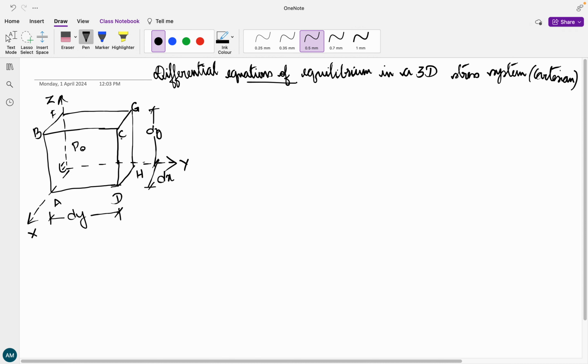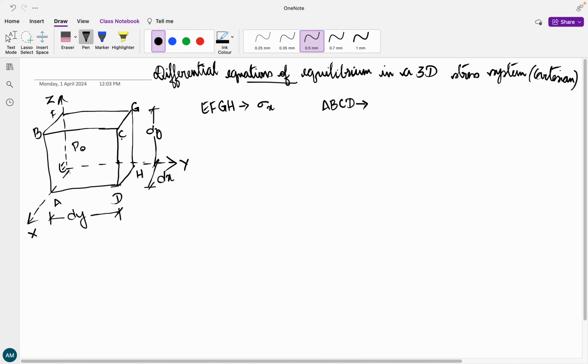Alright, so let us start with respect to the normal stresses. Now, let us consider the face EFGH. This lies in the ZY plane. So, for face EFGH, the normal stress is represented by sigma x. Now, the face in front of it, that is ABCD.